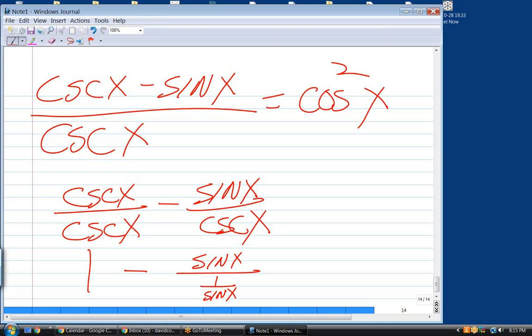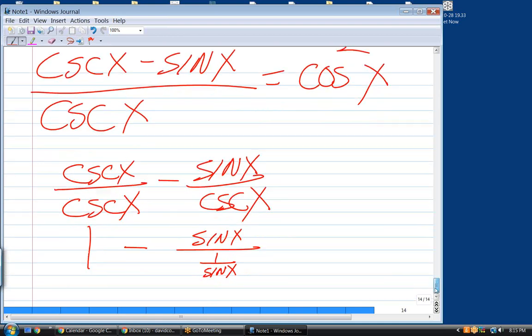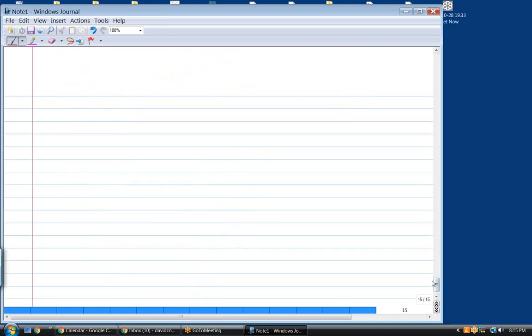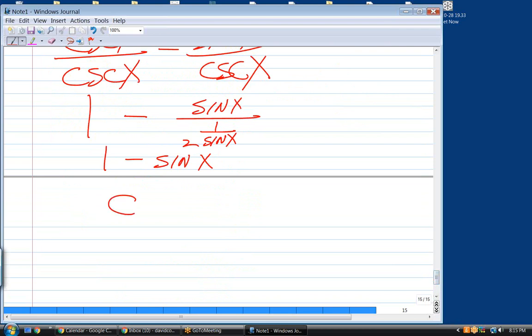Now flip and multiply, and what do you get? Sine over 1 times sine over 1, and that would be sine squared of x. And in that, use the Pythagorean identity to substitute cosine squared of x, which is what we were trying to prove.